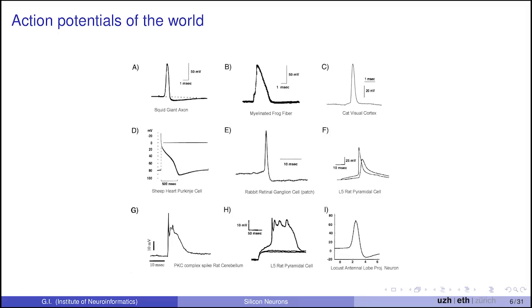So it's still not clear whether the specific shape of the action potential is really important for computation or not. But you should be aware that the shape can change depending on the number of channels that you simulate, their dynamics, and their properties.